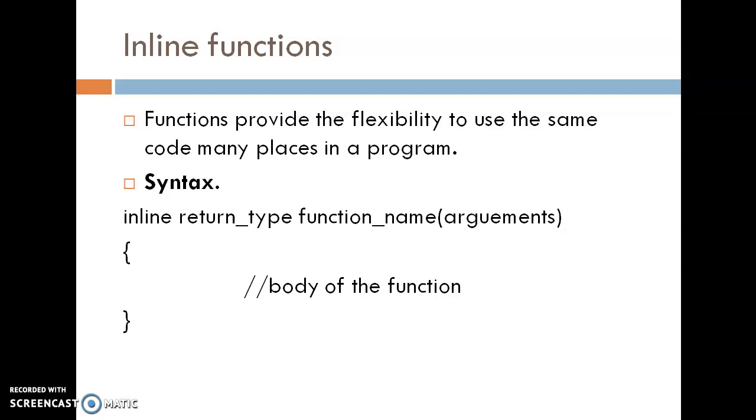The syntax for the inline function is inline, return type, function name, arguments, and inside the opening and closing brackets, the body of the function. But remember that the inline function contains only one or two lines inside the body of the function. It's like a simple function, but before the return type there is a keyword inline.